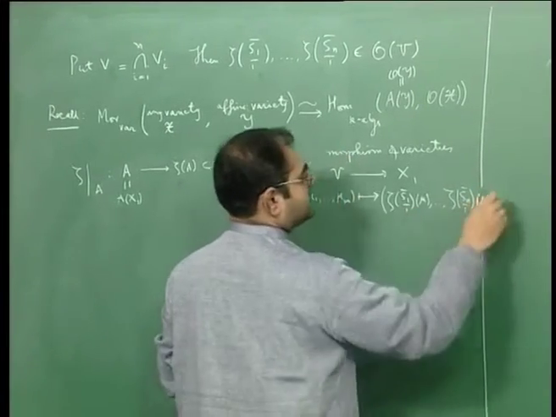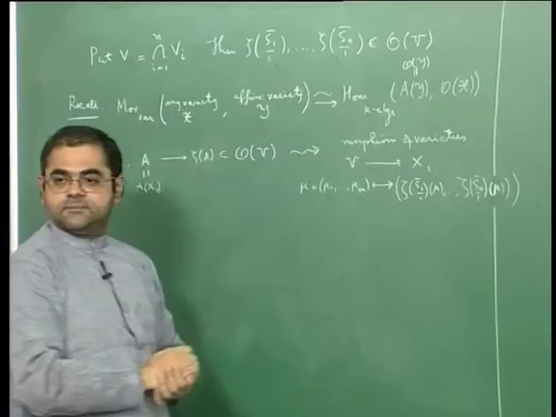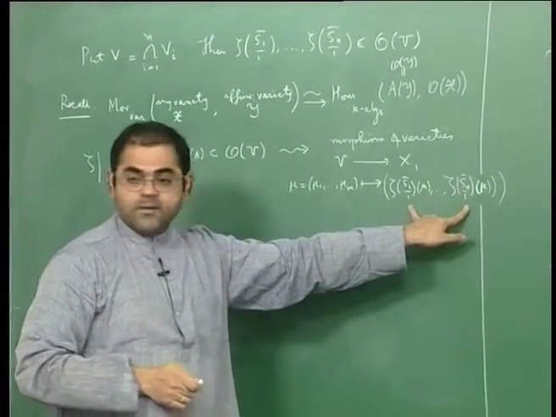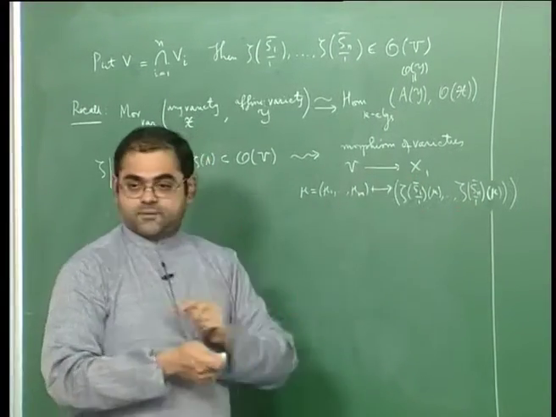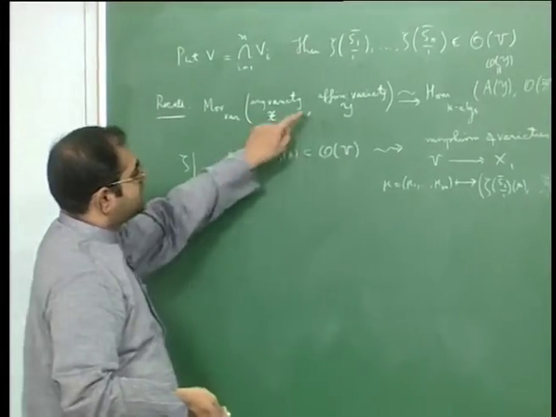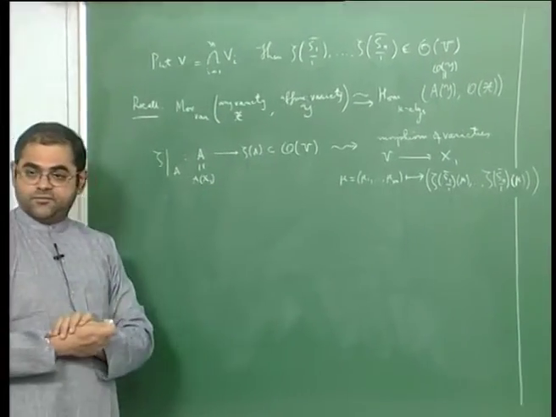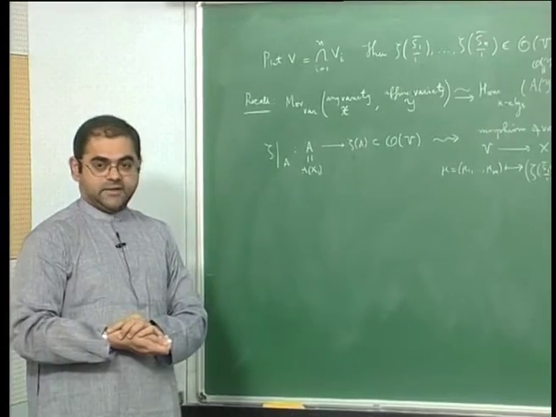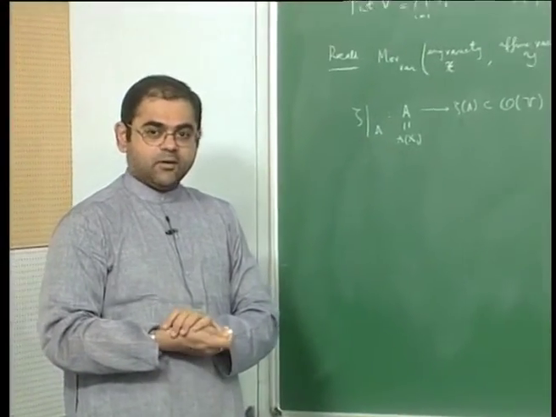So you will get this n tuple, and in fact it will be a point of x1. That is how this bijection was established. If you go back to that lecture and try to recall.